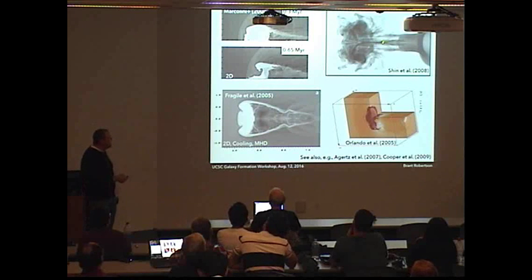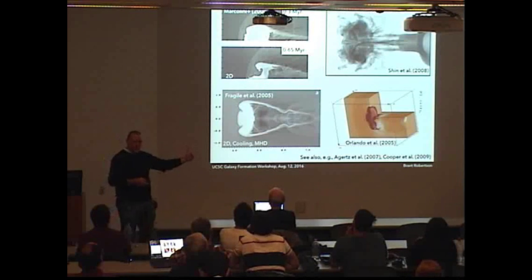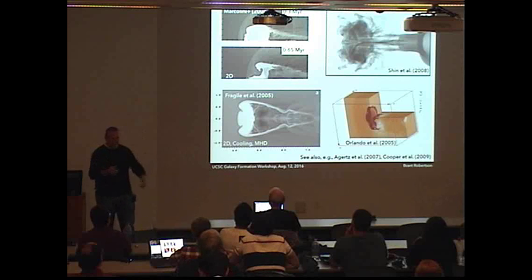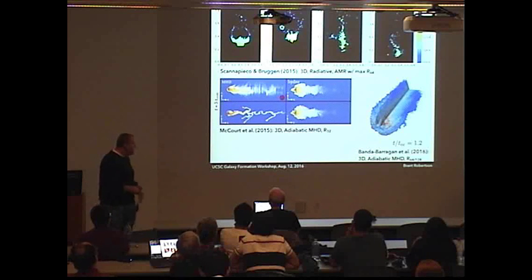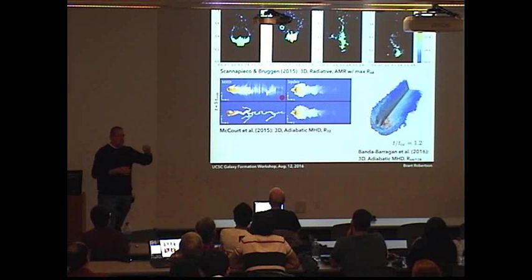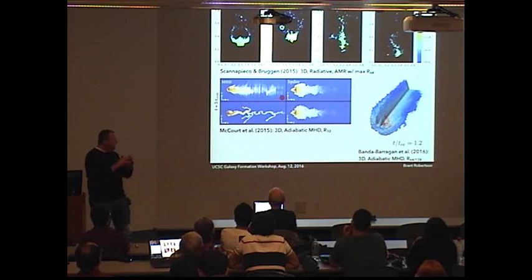Most of these simulations were interested in the destruction of the cloud alone, not so much what happened to the material after you destroy the cloud, which is a lot of what we're interested in when we talk about multi-phase outflows. There were some more recent simulations, and I really think this is all pretty amazing work that people have been doing. So these are all similar. People have done now adiabatic MHD simulations where you have 128 cells across the radius of the cloud, so very high resolution 3-dimensional simulations, looking primarily at relatively small regions around the cloud without cooling.